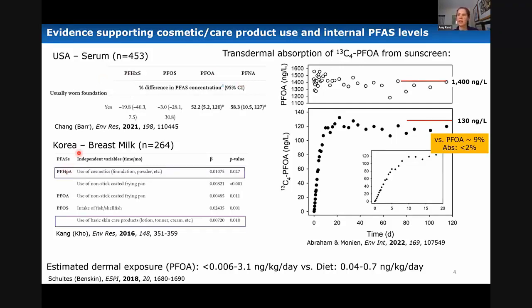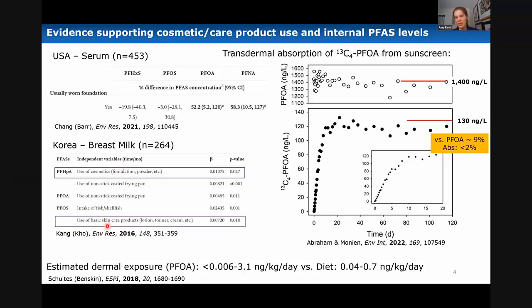Similarly, in Korea, those women that regularly applied either cosmetics or basic skincare products had a higher concentration in their breast milk of the C7-PFCA as well as PFAS.